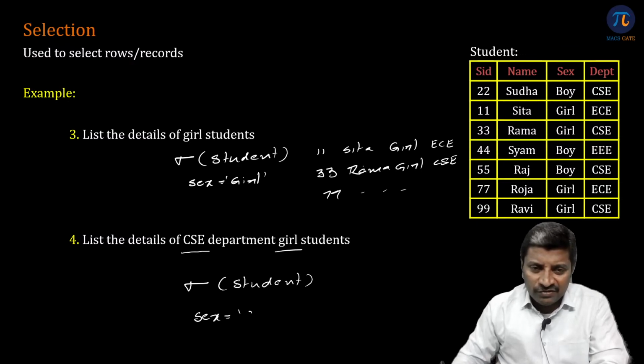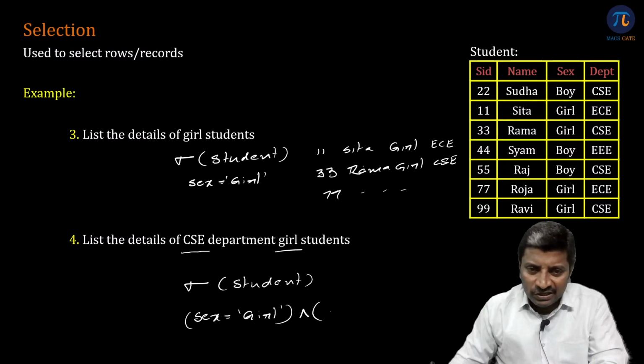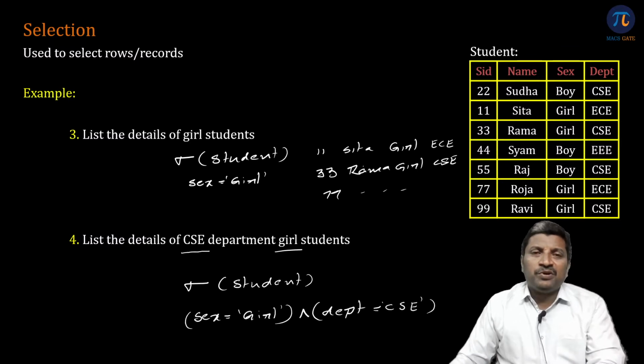The first one is she must be a girl. And for "and" we will use this symbol, the conjunction symbol which we use in mathematics. The next one is department equal to CSC. Hope you understood it.